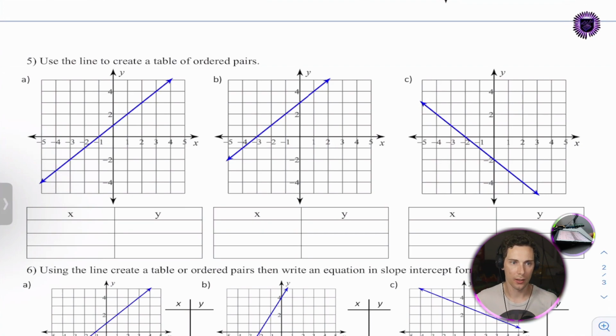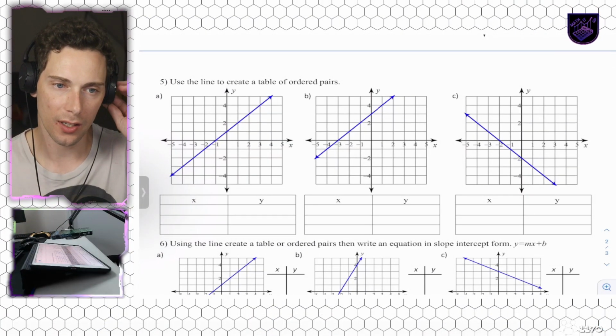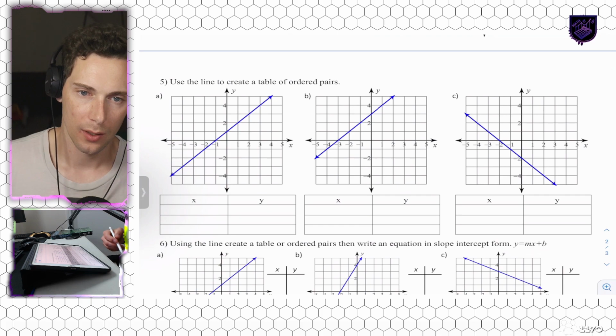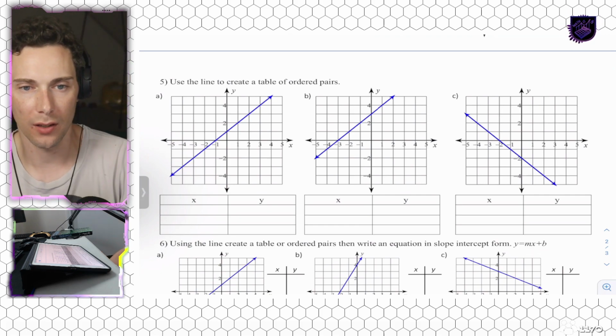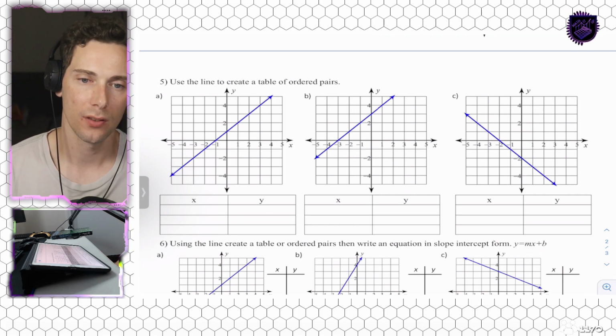We're going to be using the lines. Use the line to create a table of ordered pairs. So this one's not too hard. It's just taking the points that the line falls on, like the intersections, and recording them.